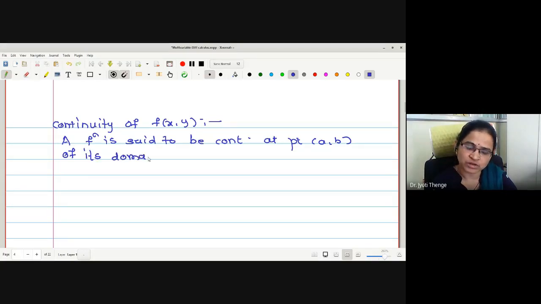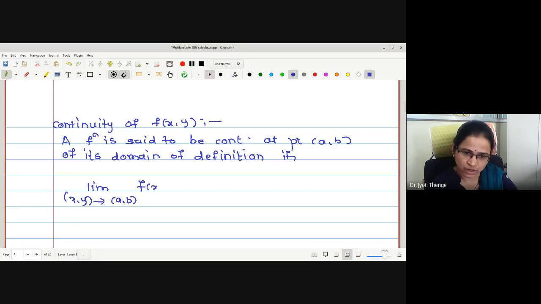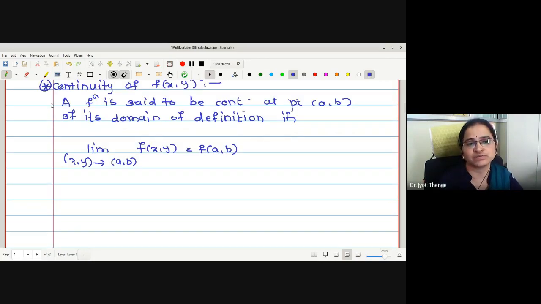This is very similar to the definition of continuity in one variable. Domain of definition means on the domain of definition. If the limit as (x, y) tends to (a, b) of f of (x, y) is equal to f of (a, b). Correct now? This is what we have written, similar to the function in one variable.